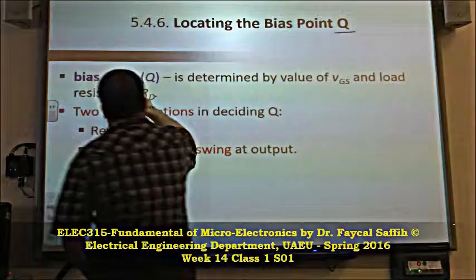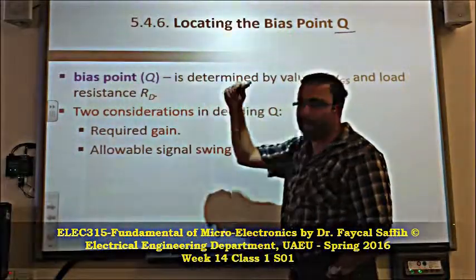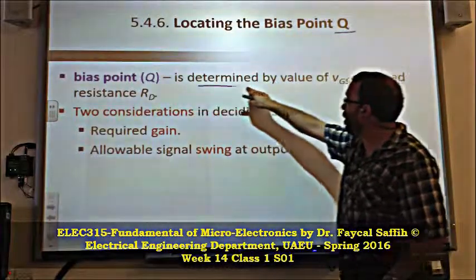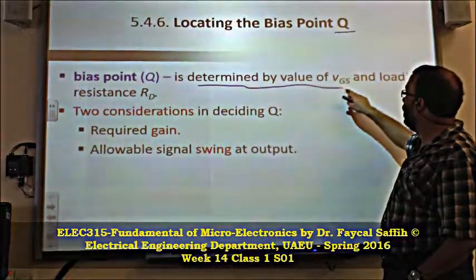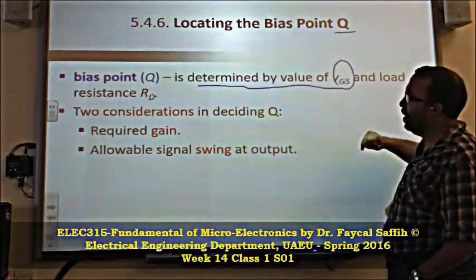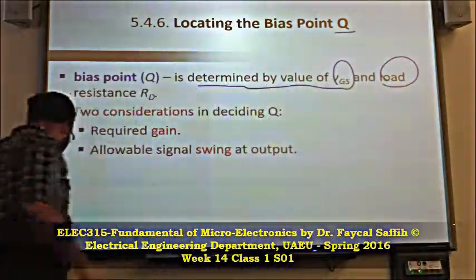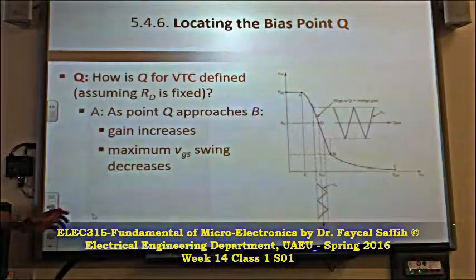So how do we determine the bias point? From the common source that we studied last time, it is determined by the value of VGS and the load resistance. Let's go back.